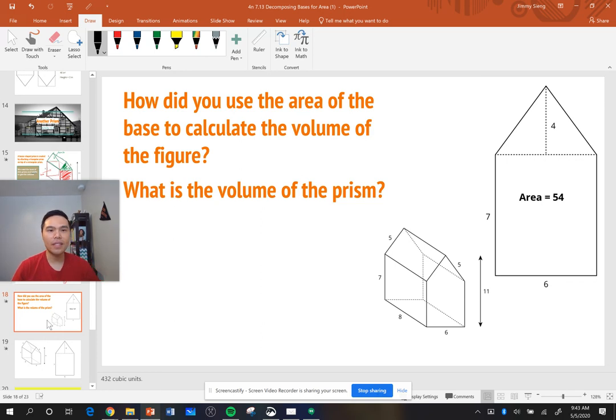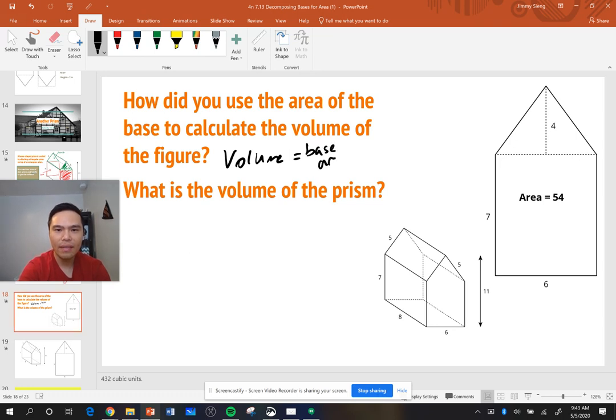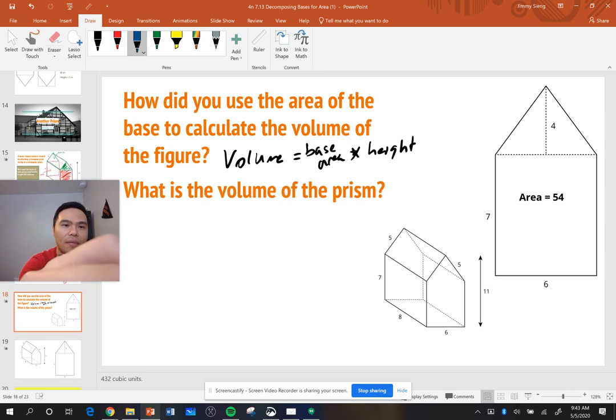The final question is, how do you use the area of the base to calculate the volume of the figure? What is the volume of the prism? So remember, volume is equal to the base area times your height. Remember what we said back then, what our height was?